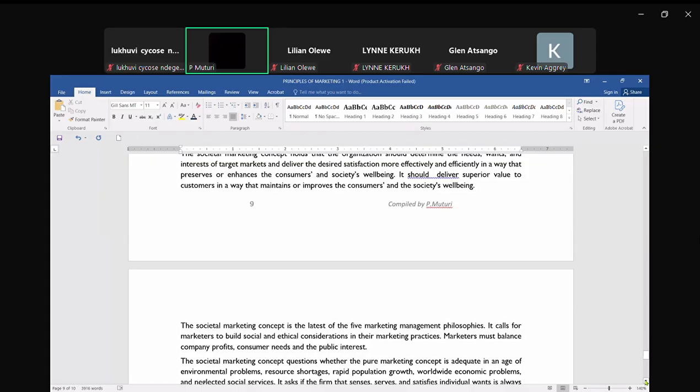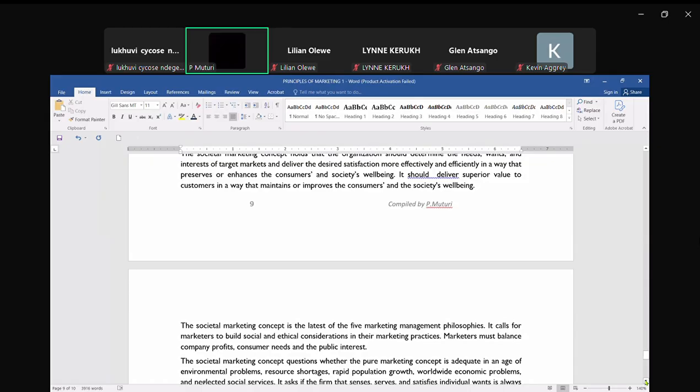All right. So the societal concept brought in all those aspects: societal well-being, taking care of the society, taking care of the people, of the environment, among other aspects that contribute to the societal well-being.